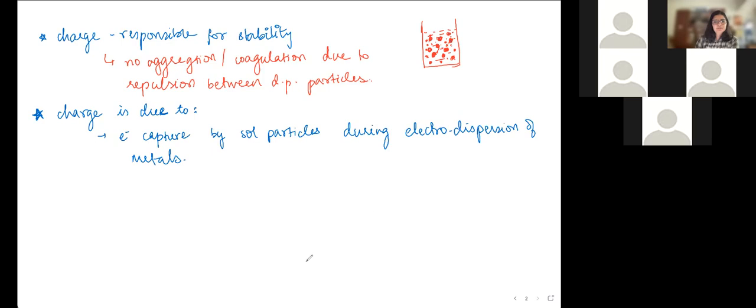Okay, so in order to understand this, electrodispersion of metals. Do you guys remember the preparation of metal sols by Bredig's arc method?